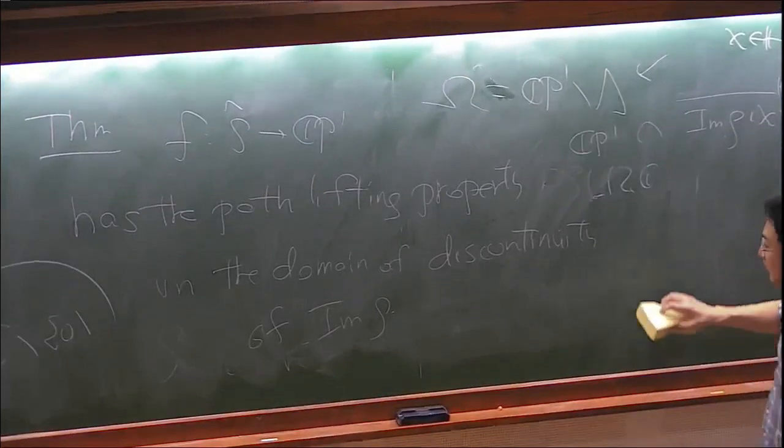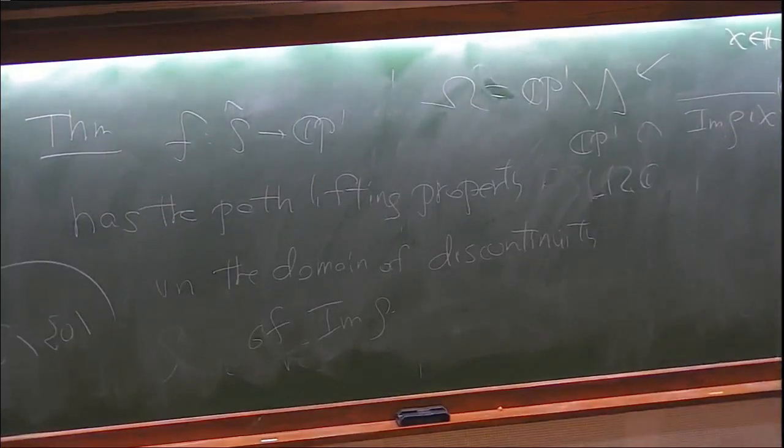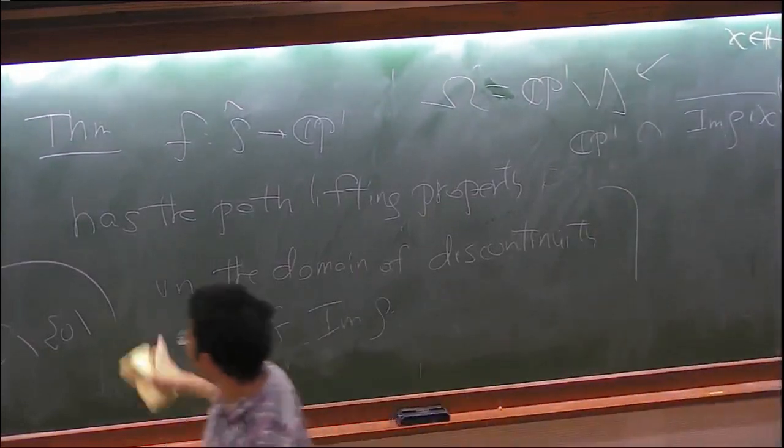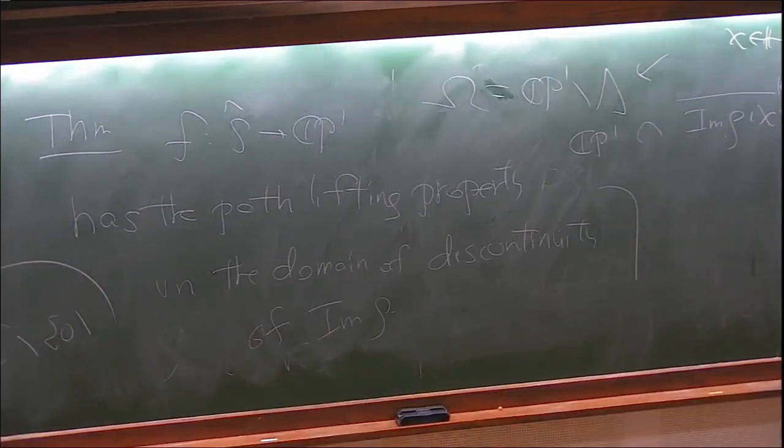Thurston used it but didn't prove this theorem, and maybe a proof appeared in a paper by Gallo, Kapovich and Marden possibly. So anyway, this is used for the completeness here.